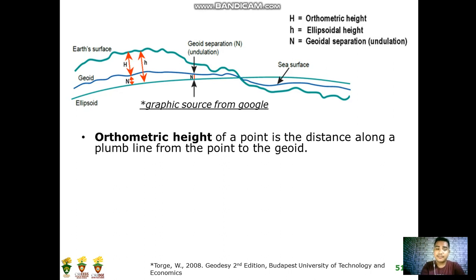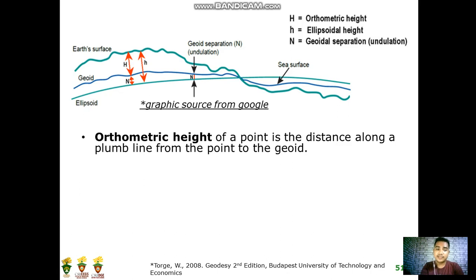So when we say plumb line, it is the direction parallel to the gravity towards the center of the Earth, padulong sa center sa Earth. So kung asa padulong ang direction sa imong gravity, dito pod ang plumb line. And again, orthometric height is the distance along the plumb line from the point, or kung asa ka nagtindog sa Earth's surface, to the geoid, or kanang dark blue nga color sa geoid.